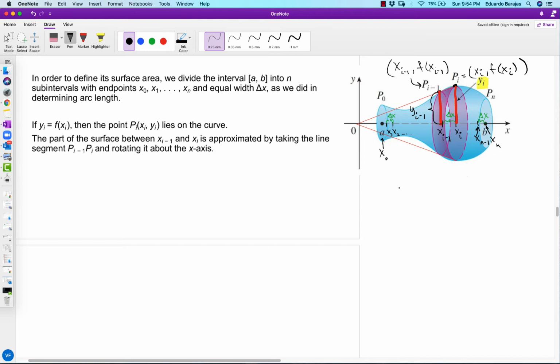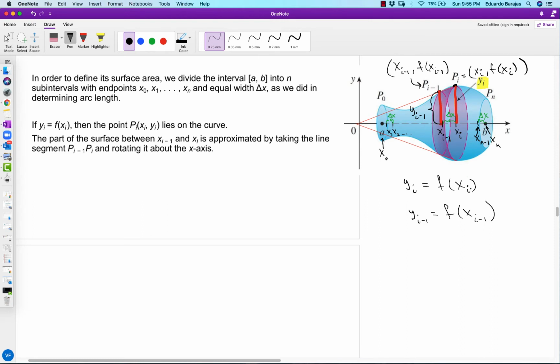And of course, y sub i in this context means the same thing as the output of f evaluated at x sub i, and y sub i minus 1 is the same thing as f evaluated at x sub i minus 1.